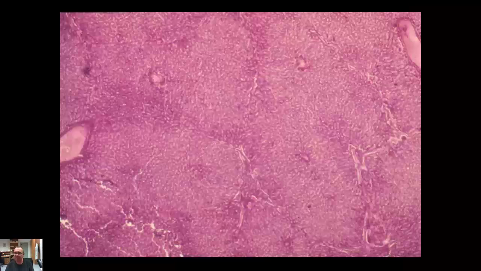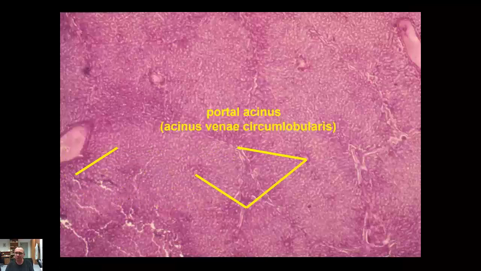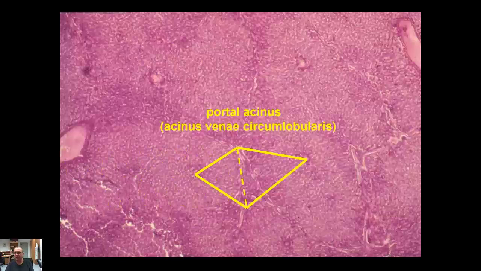Then exists the third unit of the liver parenchyme. It's called portal acinus, or also acinus of venae circumlobularis. It is the area which is between 2 central veins.